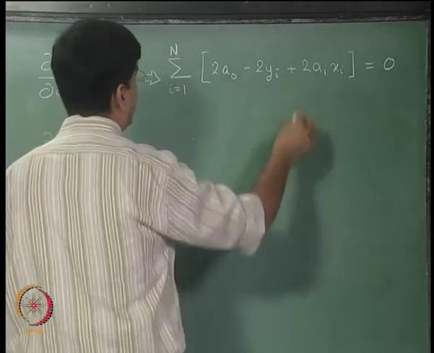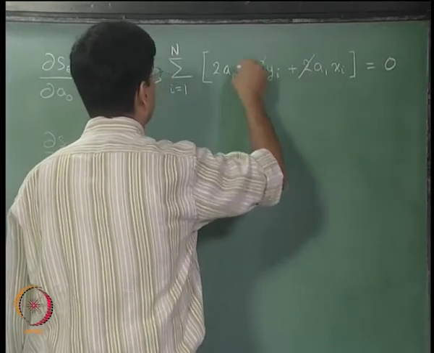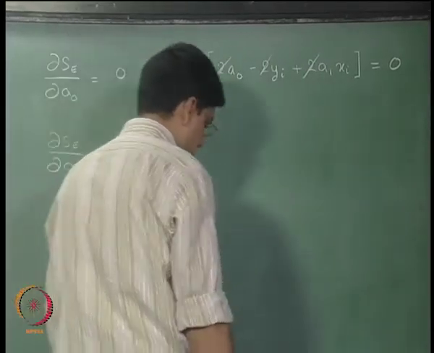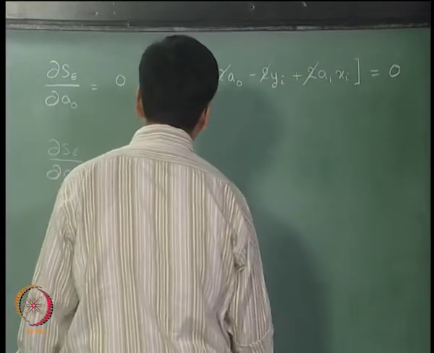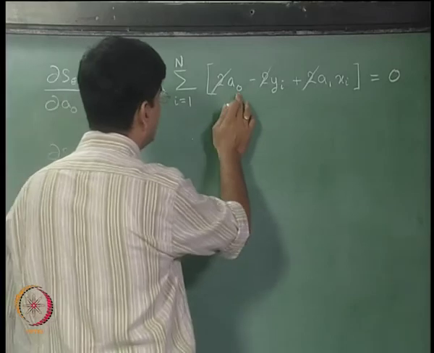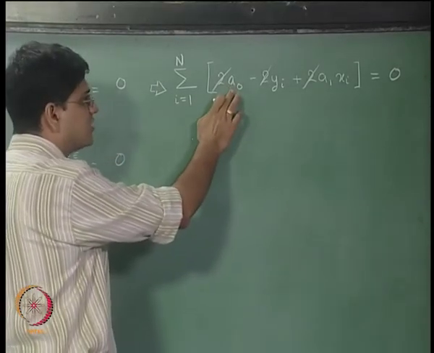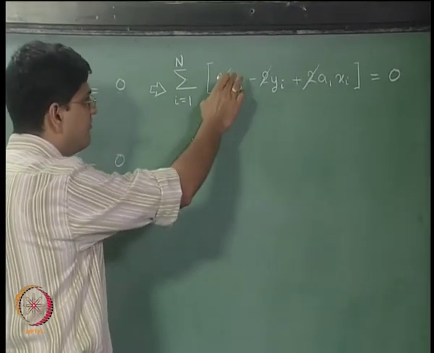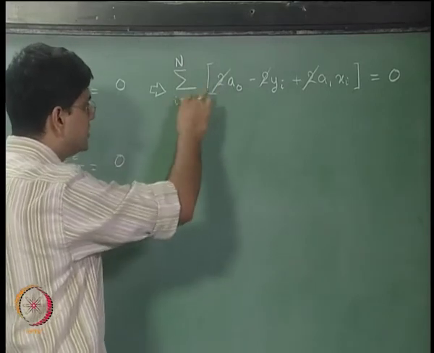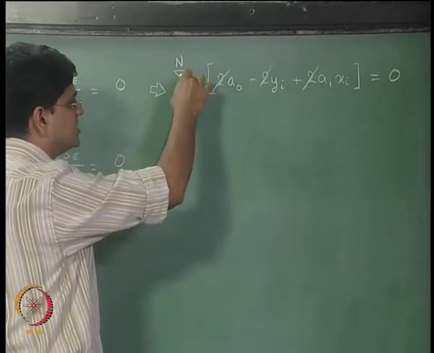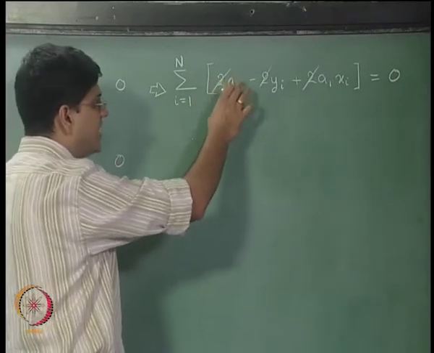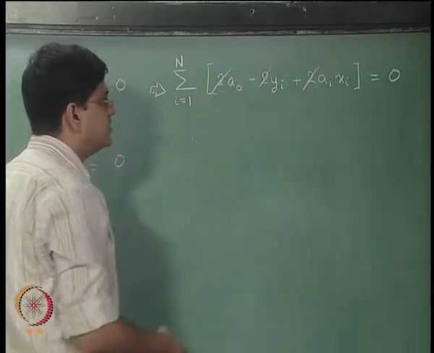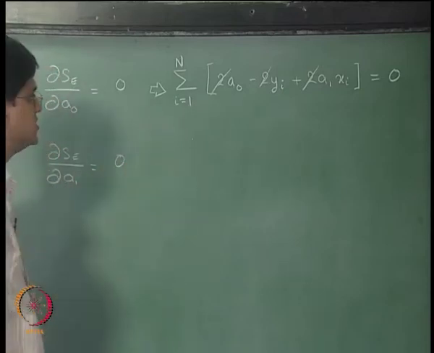Equal to 0, and we can cancel off these 2's. So that will be our first equation. Now a0 is a value which can be taken out of this summation sign, because a0 is one particular value while we are trying to do this summation.